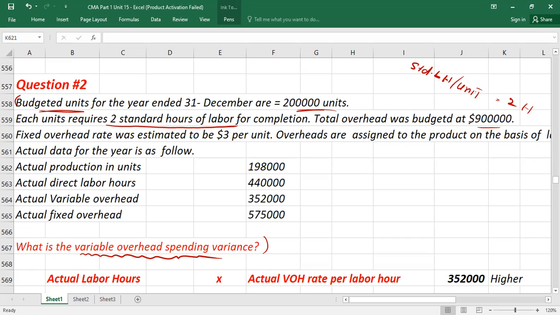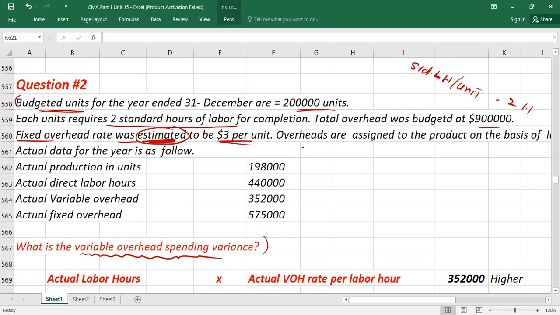Question is tricky. Then here he gave you information about fixed overhead. Rate was estimated. Again, this is the standard rate of fixed overhead, $3 per unit. Is this the actual or budgeted rate?